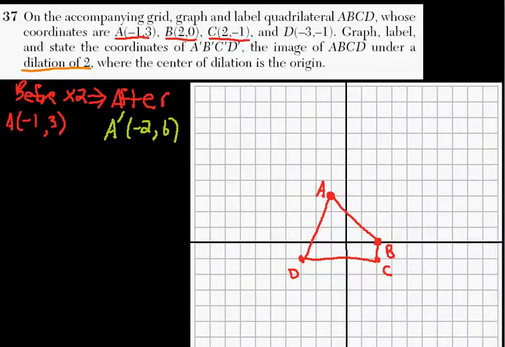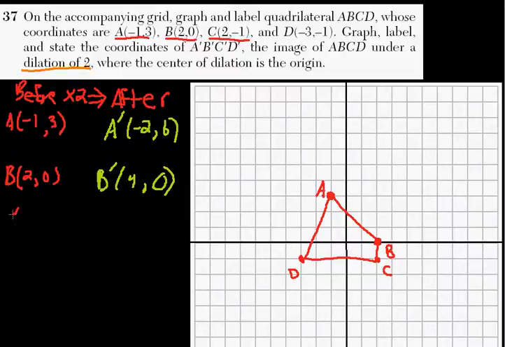Okay, point B was 2, 0. So that means B prime is 4, 0.